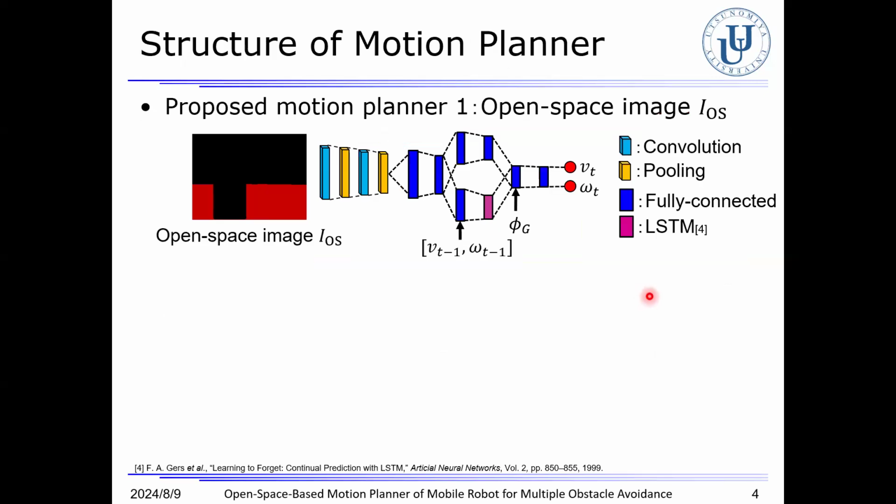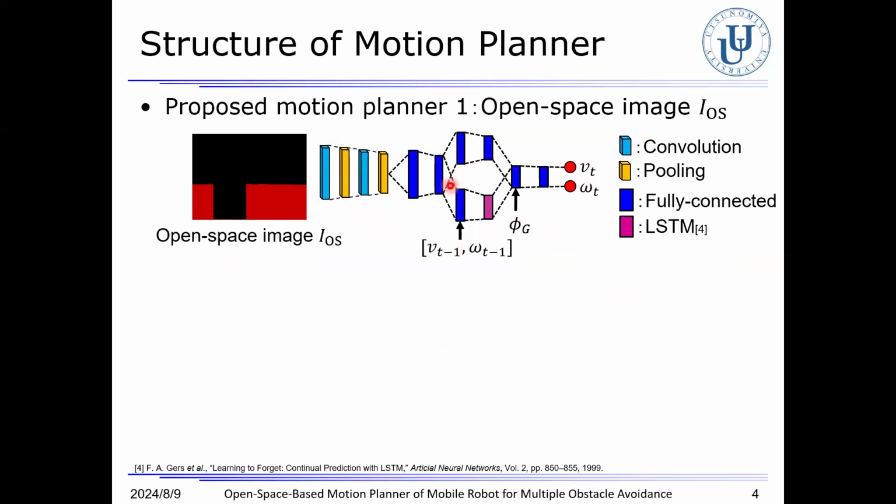So here, let us explain the two motion planners. The first one is what we propose, the motion planner 1 based on CNN with an LSTM. The open space image is fed as input to the motion planner. Through the convolution and pooling layers, features are extracted from the open space image.